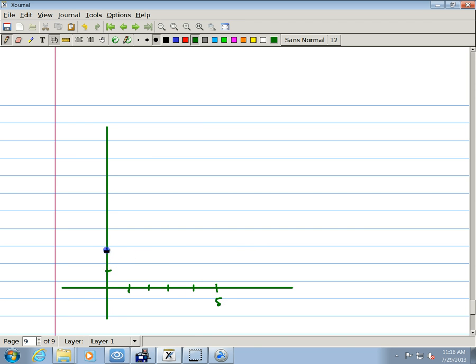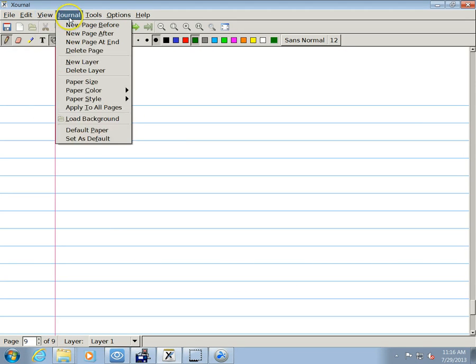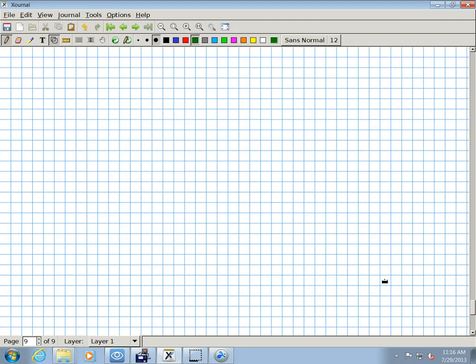Wait a minute. I could do this easier. Why do I have to make this so tough? Wait, hang on. View, journal, paper, style, graph. Ha! There you go.